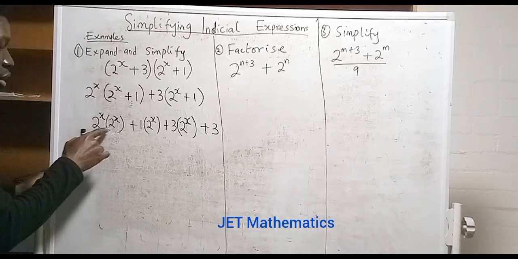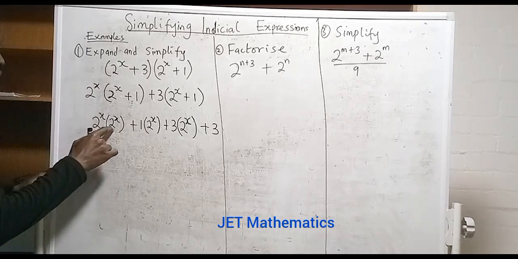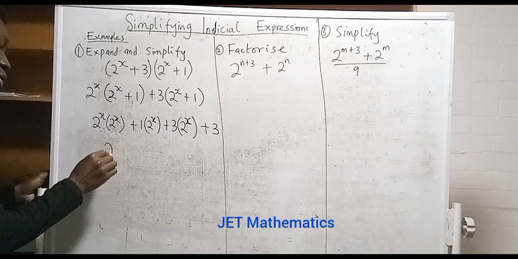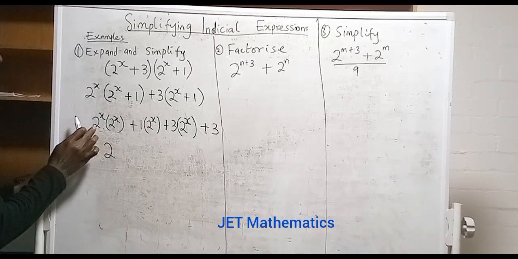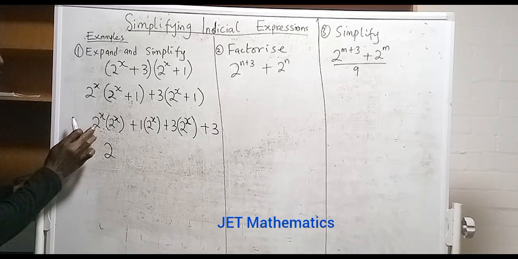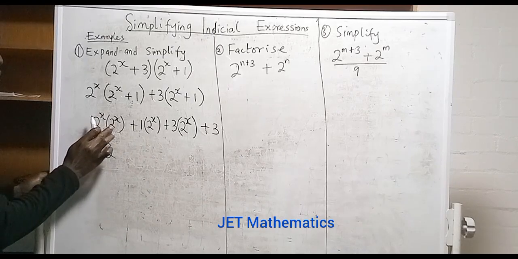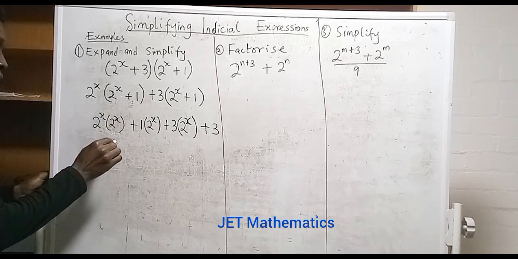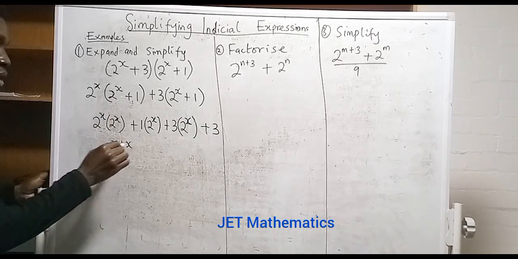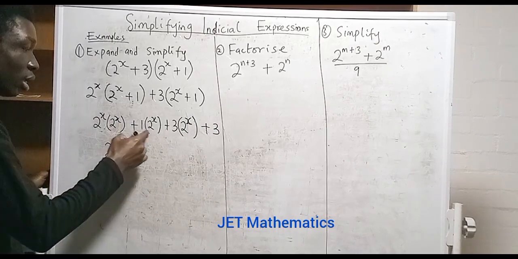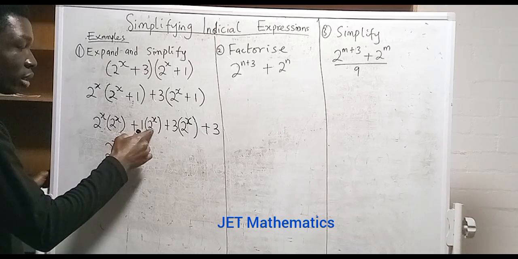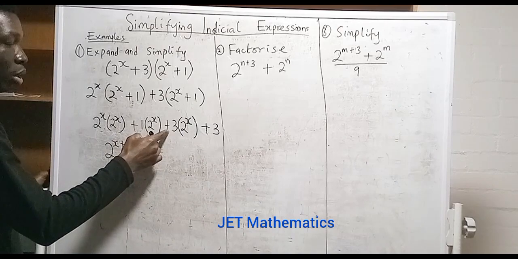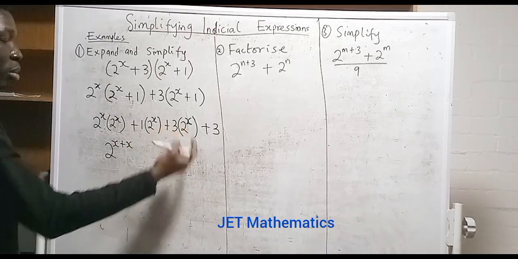So here, using the law of indices, they have the same base, so we can sum up the power since they are multiplying. So we have 2, the first law of indices we discussed in our videos: the same base, multiplying, you sum up the power, x plus x. And then here we have 1 times 2^x plus 3 times 2^x.